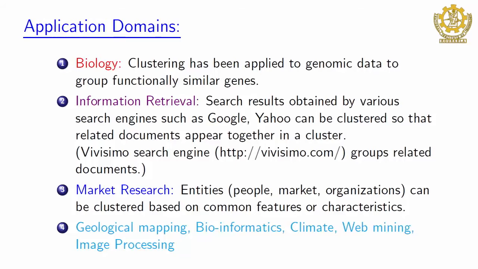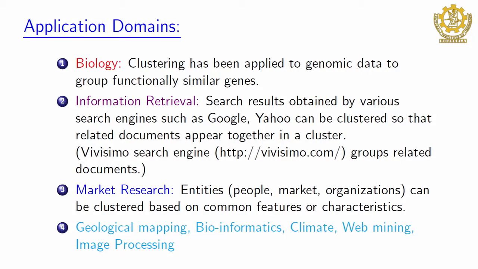But if you do not know the label, not even for a single student, we do not know who is professional or not, then based on the features of the students we apply the clustering technique and we find the groups, we cannot find the label, we find the groups of similar students. Similarly, information retrieval.